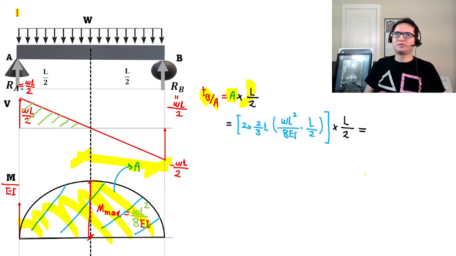And if you do so, it gives you t_B/A equals WL to the fourth over 24 EI.